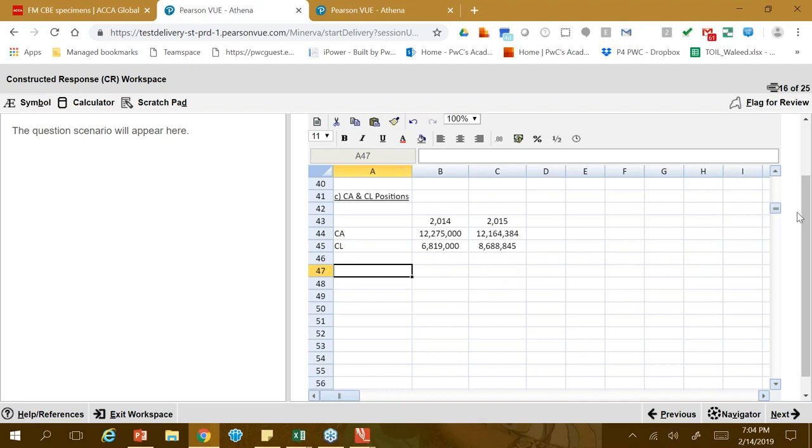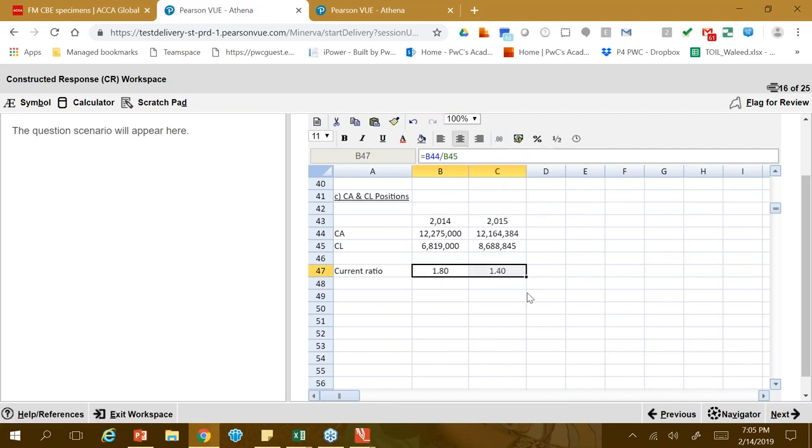Yes, current ratio. Well done. So let's do the current ratio. Current ratio is current assets, which are B44, over current liabilities, B45, or C44, C45. So I've got my current ratios.